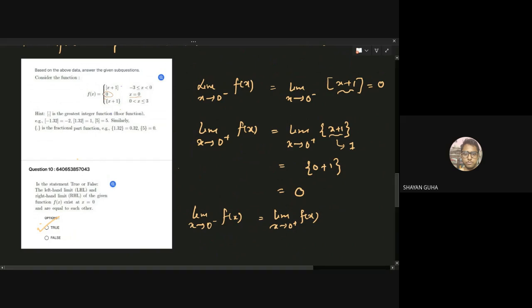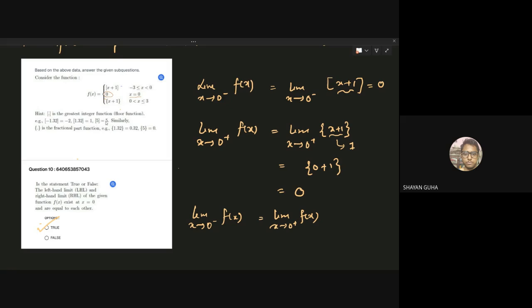If we redefine a function, finite discontinuities can be removed, but not infinite discontinuity. For example, if a functional value tends to infinity as x tends to some particular value, we can't remove that kind of discontinuity. But if there is a finite discontinuity or a jump discontinuity, we can remove it by redefining the function.